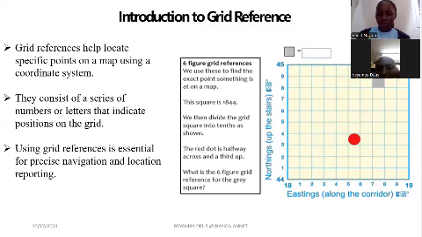For instance, this red dot, are you seeing the red dot? Yes, I'm seeing it. Yeah, so that red dot, if we want to state its grid difference, we can talk about the 4 grid difference. So it's a matter of reading the eastings first, and you state the northings last.